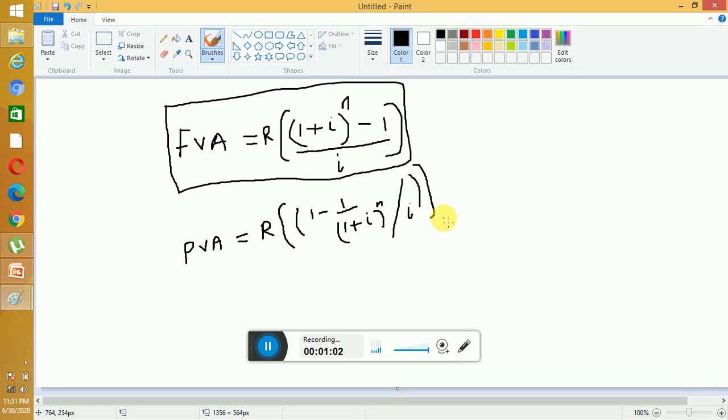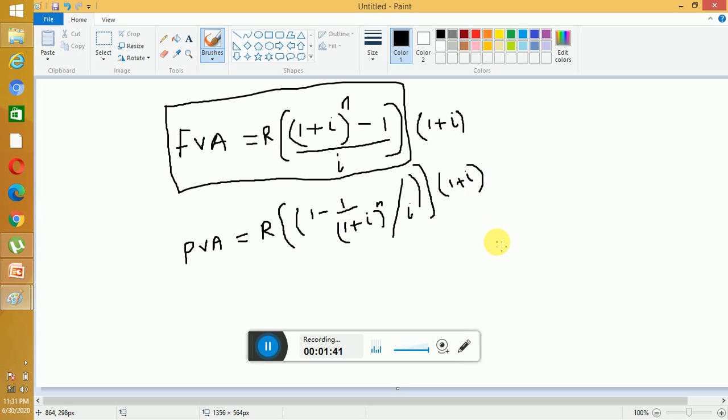Today we are going to discuss the future value of annuity due and the present value of annuity due. In these two formulas we will add one factor, 1 plus I here and 1 plus I here.